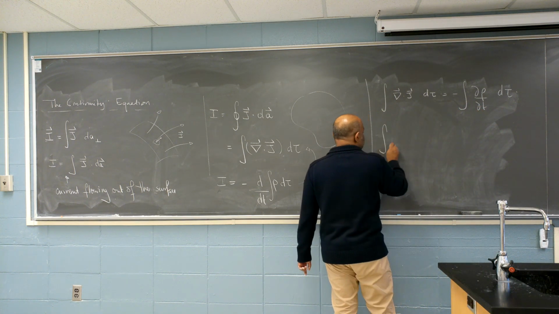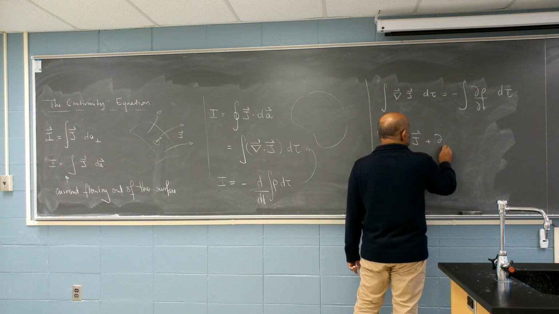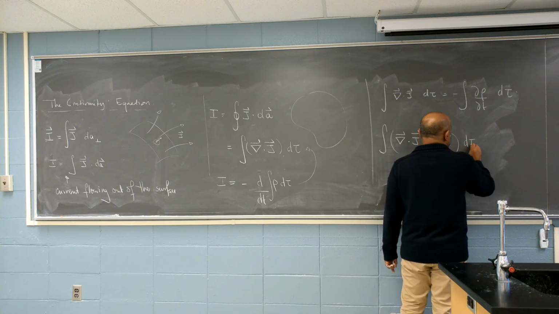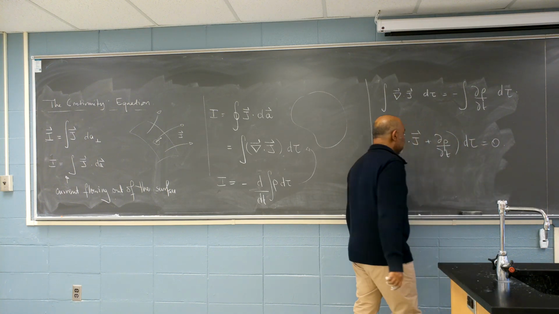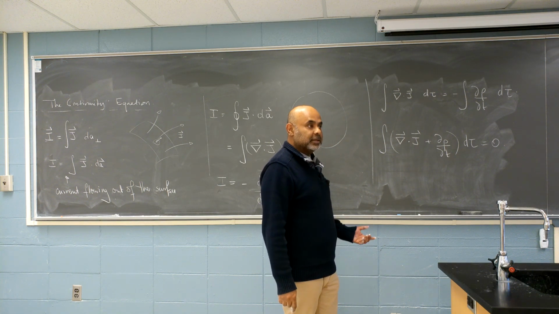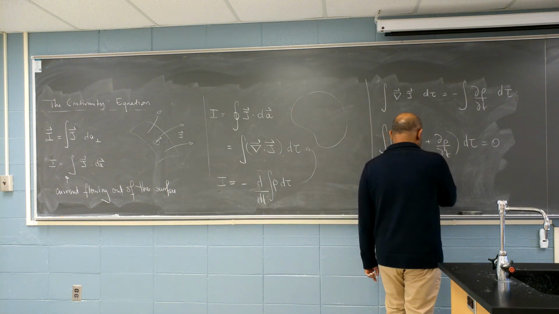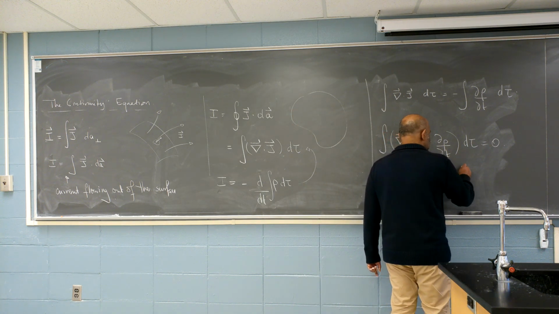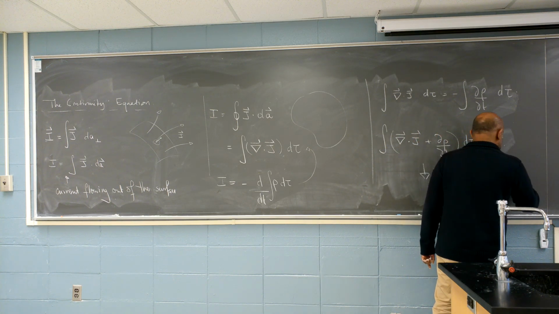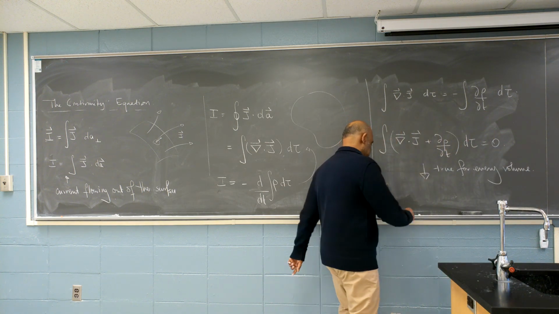Or I can write it as divergence of J plus partial rho partial t, d tau equal to 0. This is true for every volume. What does that mean? That means the integrand must be 0.